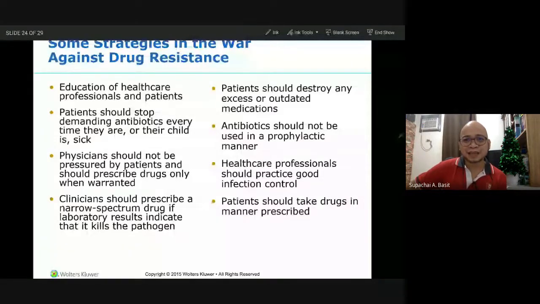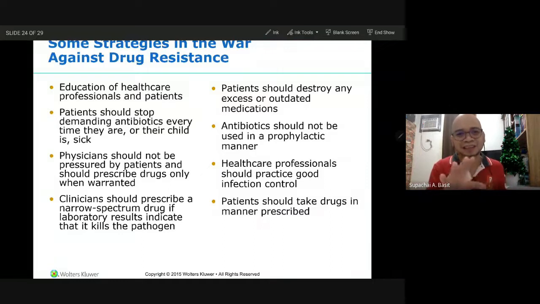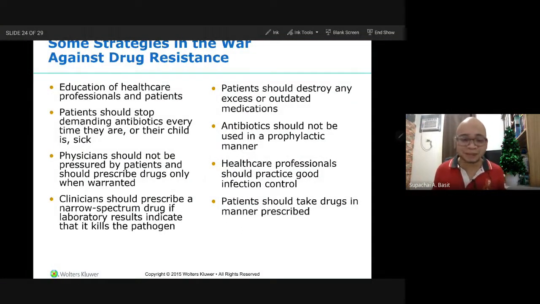Meaning to say, for example, if the doctor says that you have to drink it for 7 days, you have to complete the drug regimen. If you just drink it for 2 or 3 days, some bacteria would survive, and those who have survived may already mutate and become stronger. And the next time around that you drink the antibiotics, it would no longer be effective for you.